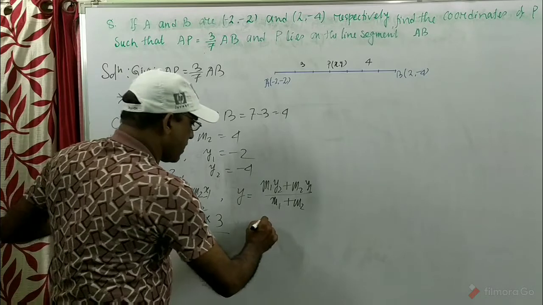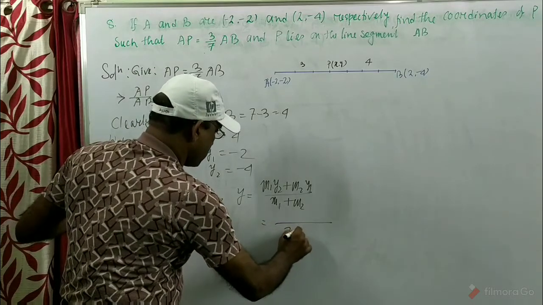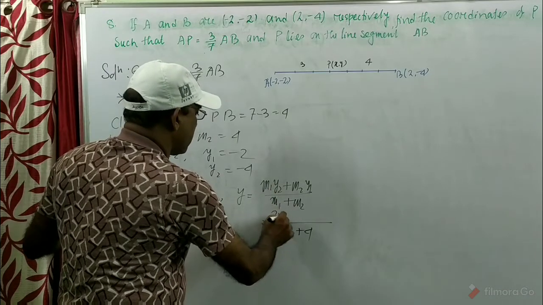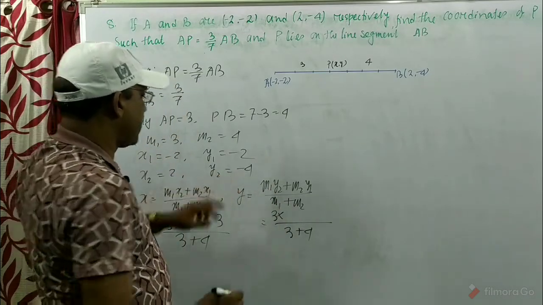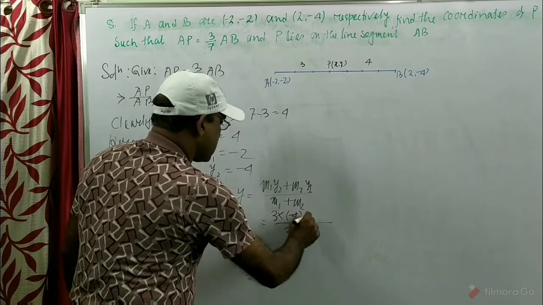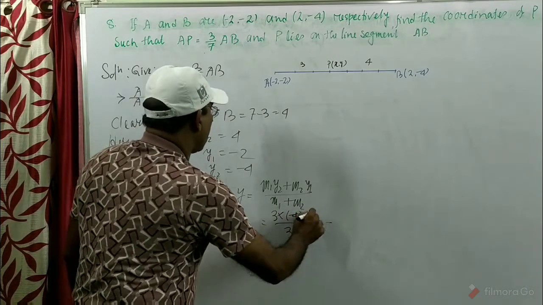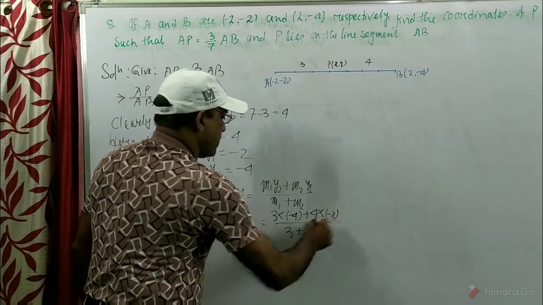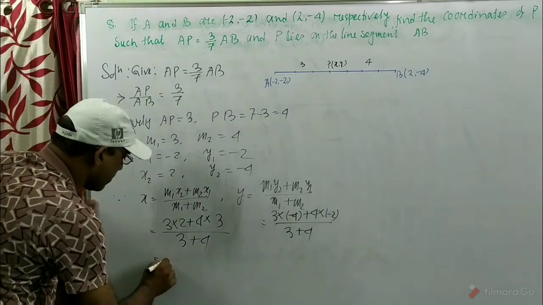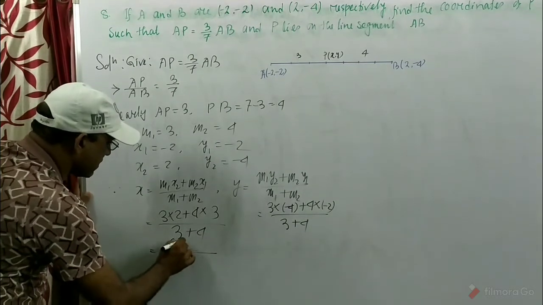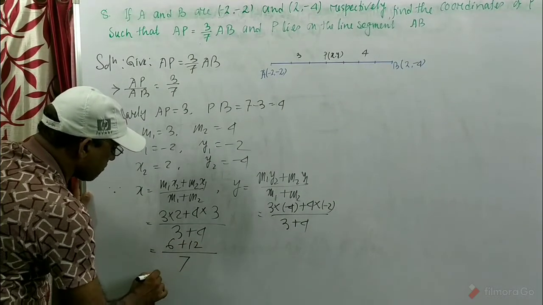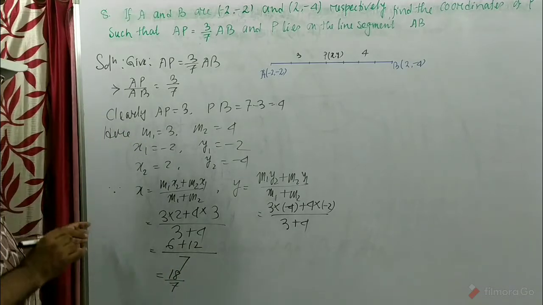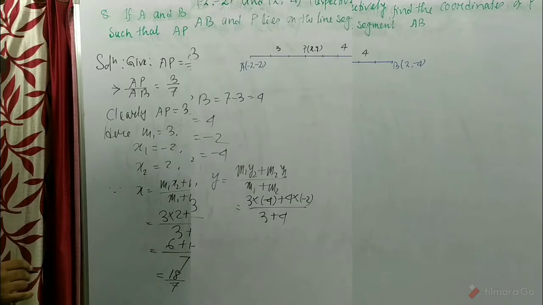So here also we get M1 is 3 plus 4, and M1 is 3, Y2 is minus 4 plus M2 is 4 and Y1 is minus 2. We get this one. So obviously the denominator is 7, this is 6 plus 12, 6 plus 12 is 18 by 12.